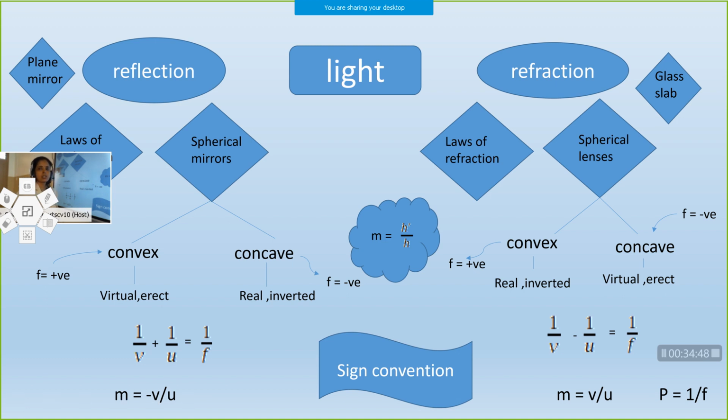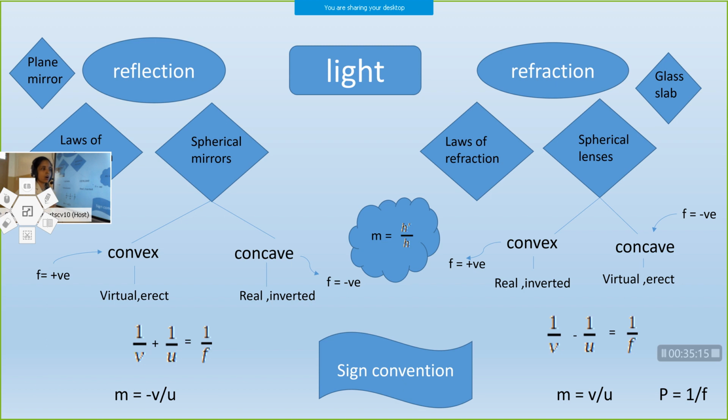Always we measure the distance from the pole or the optical center, isn't it? And we measure the distance along the x-axis, either towards the left side or towards the right hand side. And object is always on the left hand side of the mirror or the lens. And the incident rays are assumed to fall on the mirror or lens from the left hand side.